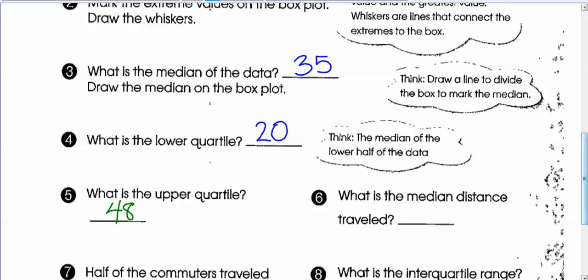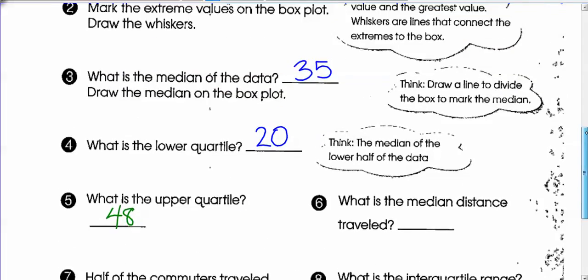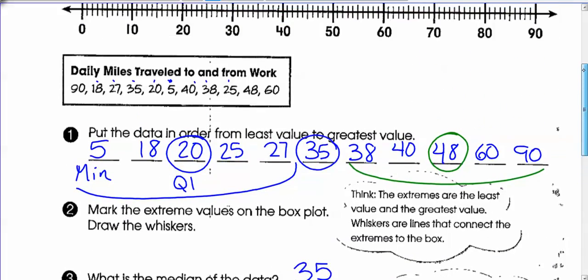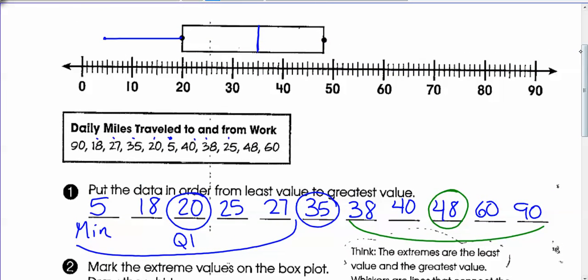Half of the commuters traveled between blank and blank miles. So half of them, we're looking for 50%. Right? So 50% of the commuters is the section. Oh, we got to do our max too. I don't know, that's probably coming later. Ooh, that person's driving a long way, all the way to 90.